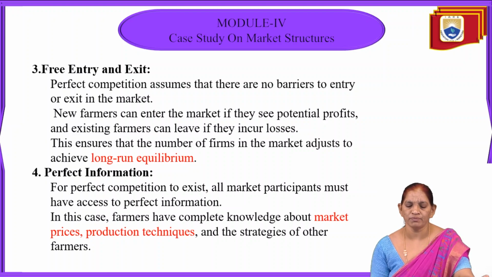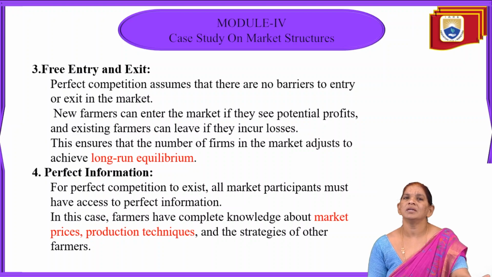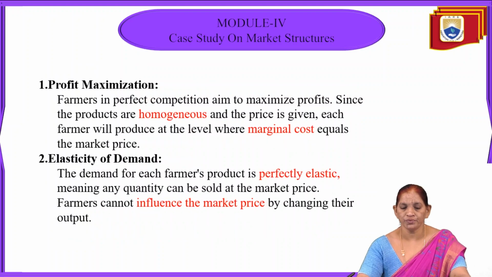So in this case, farmers should have complete knowledge about the market, production techniques, and also the other strategies that are being utilized in the market. It means total information relating to the market structure, rules, regulations, and the entry and exit system; each and every piece of information has to be identified by the farmers.